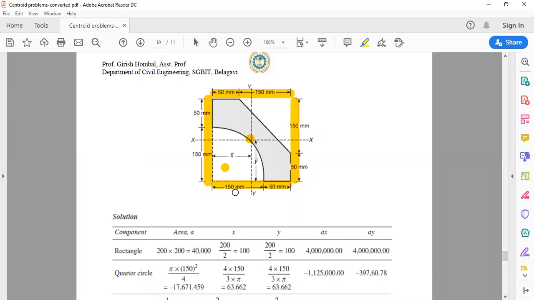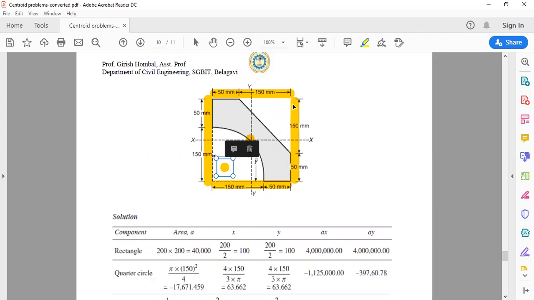Similarly, I'm going to locate the individual centroid of the right angle triangle as well. So we should approximately know where to locate the CG. Now we have divided the given diagram into three diagrams, that is square, in which I'm going to deduct the semicircle. I'm going to deduct the right angle triangle. So we will solve for one by one now.